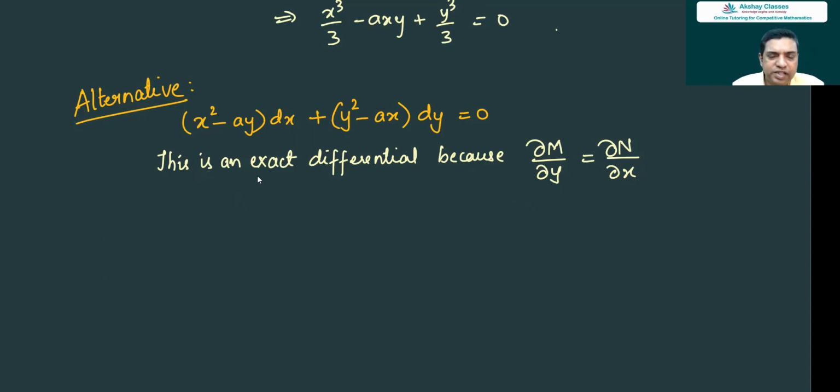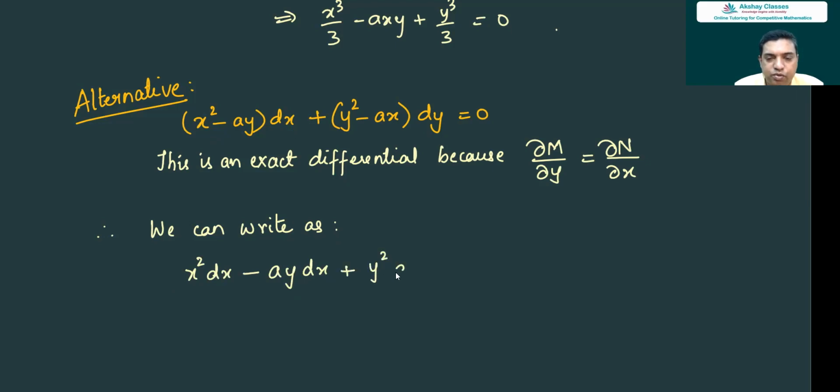So now, once this is exact, see what I do. I'll split this. We can write x² dx minus ay dx plus y² dy minus ax dy.